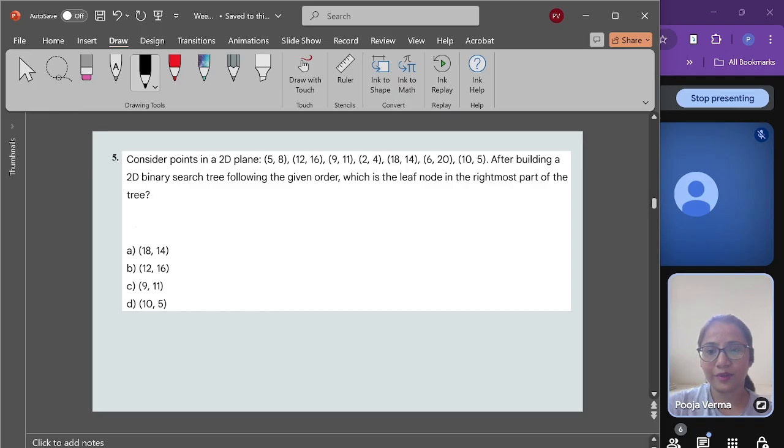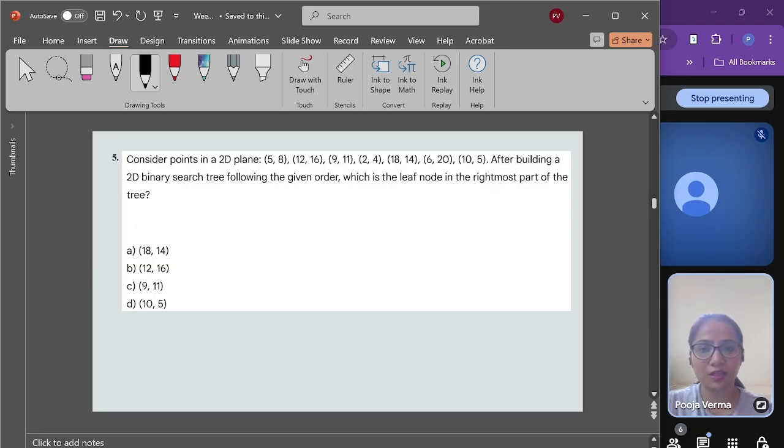Already we know that a 2D binary search tree is also known as a KD tree. Here K is equal to 2, so that's why it is a 2D plane. The key principle is that at each level of the tree, the split is based on different coordinates. The root node splits based on the x coordinate, its children split based on the y coordinate, and their children split again based on the x coordinate, and so on.